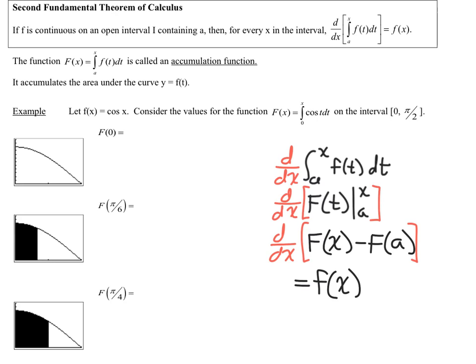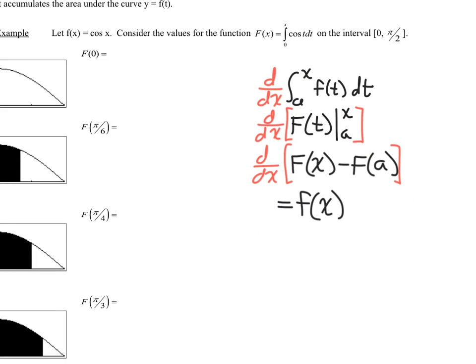But it's actually pretty cool because really, if you think about it, I'll just throw a quick side example here. Let's say I have f of t is equal to e to the t. Keep it relatively simple.